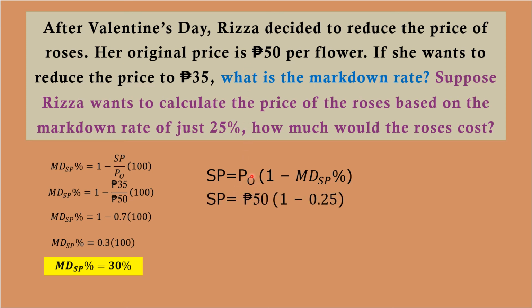We have the original price, 50 pesos, multiplied by the quantity 1 minus the markdown rate, we have 25%. I already converted it to decimal form, that is 0.25. So 50 times 1 minus 0.25, that is 0.75. Then we multiply the two, 50 pesos times 0.75. This is equal to 37 pesos and 50 centavos.